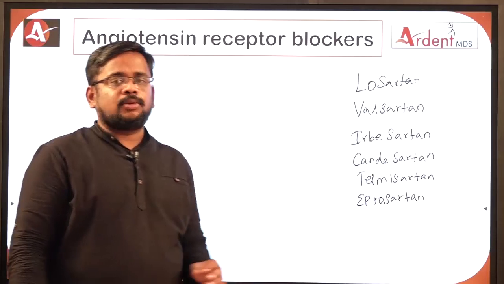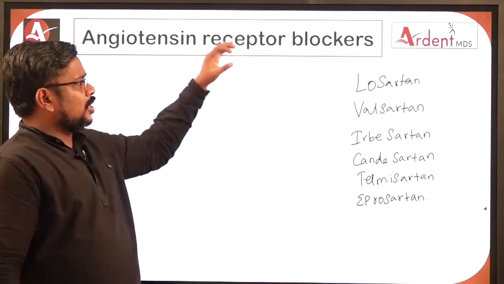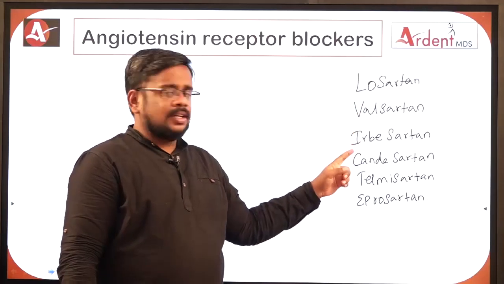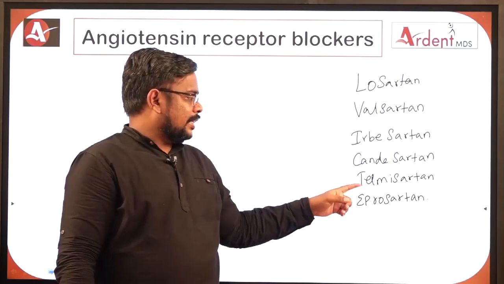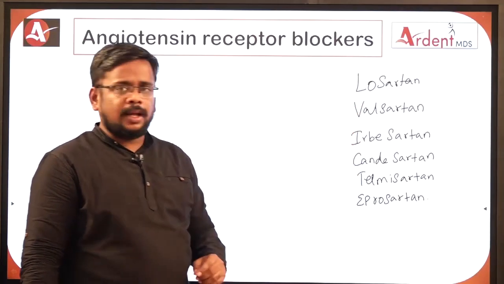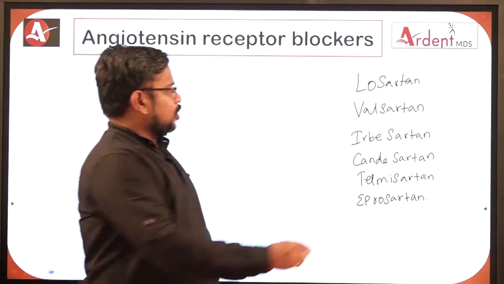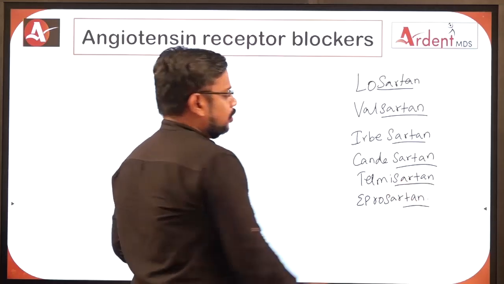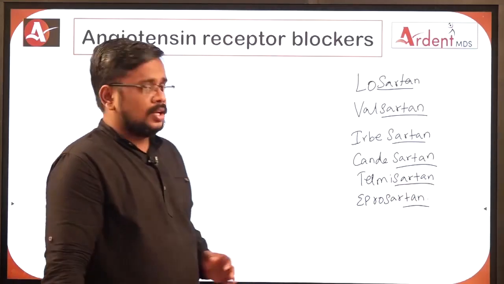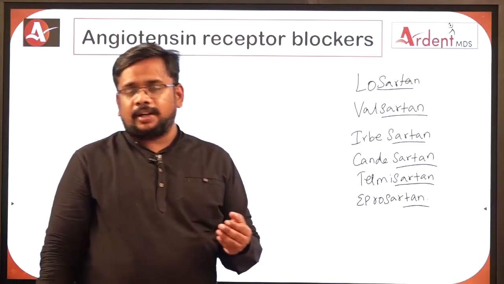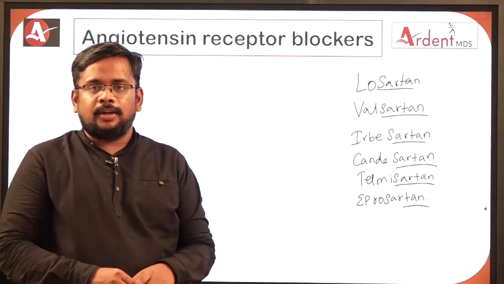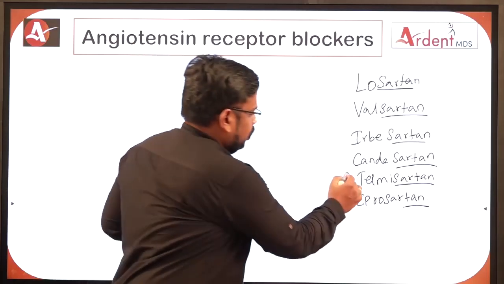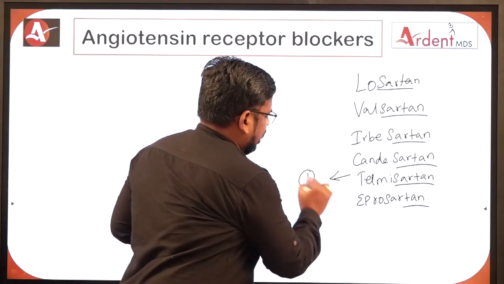Right, coming to the next group of drugs, that is angiotensin receptor blockers. These are losartan, valsartan, irbesartan, candesartan, telmisartan, and eprosartan. All the drugs which end with sartan, I can remember basically like this. Among these, which is the longest acting and which is the shortest acting? The longest acting drug is telmisartan.